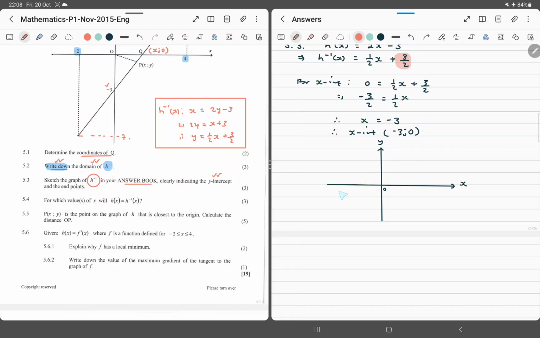Okay, but remember this is a sketch, so sometimes try not to be too accurate. Sometimes it irritates me, you know, it really does. Okay, so there's our graph.